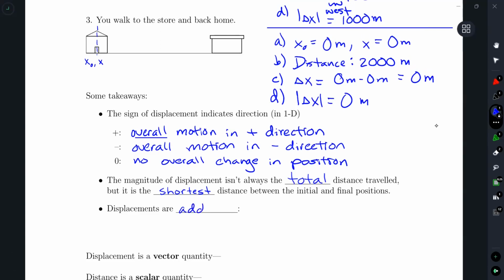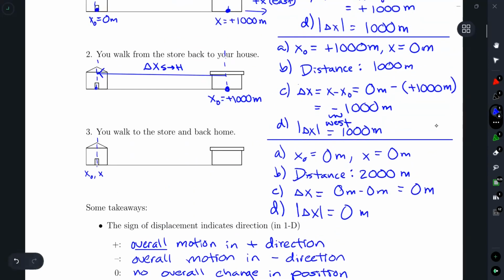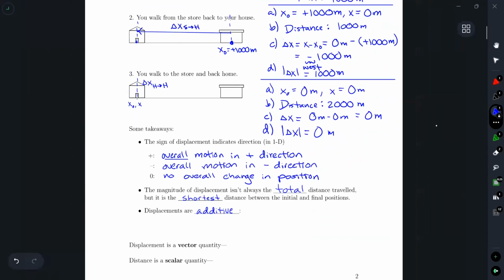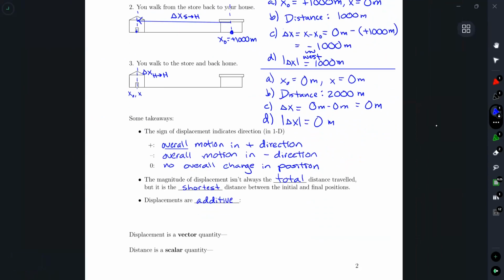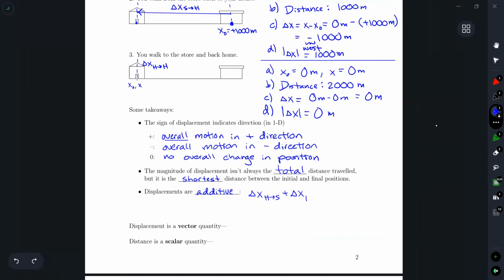And last, displacements are additive. So if I called this last displacement, even though it was 0, my displacement from my house to my house, I can say, all right, my displacement from the house to the store plus from the store to the house equals the displacement from my house to my house.